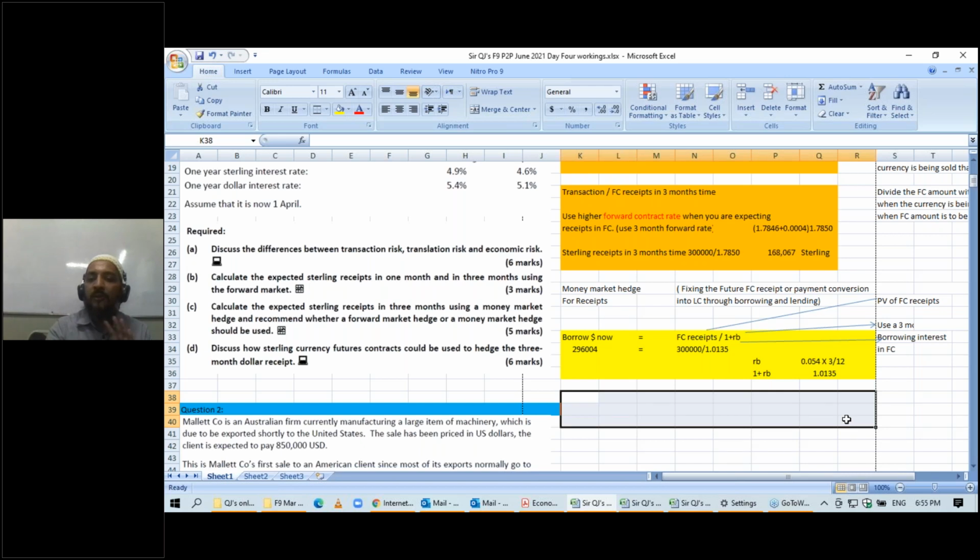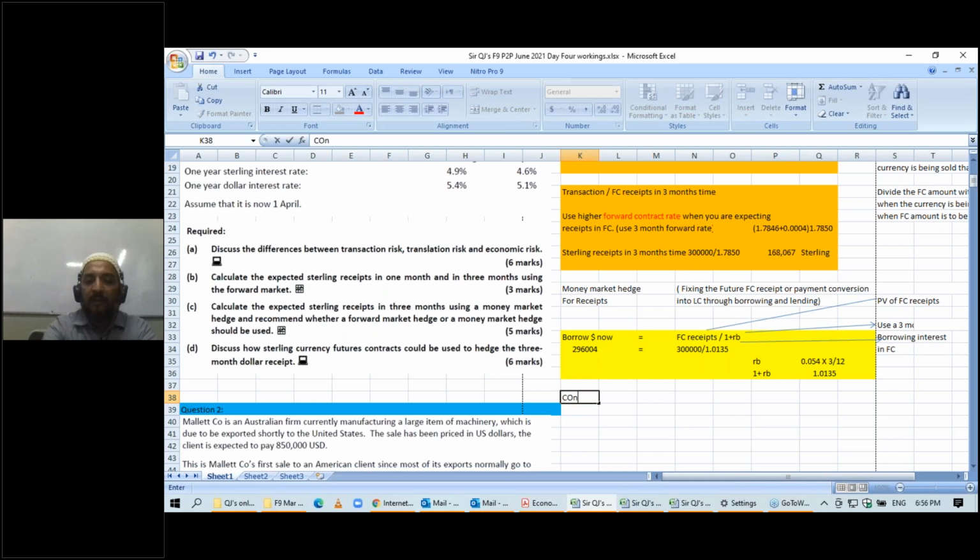By doing that, the exposure finishes because you get the local currency amount immediately, 3 months ahead. You convert it at the spot rate, so we are not exposed to the spot rate which will occur at the time of the payment by the customer.